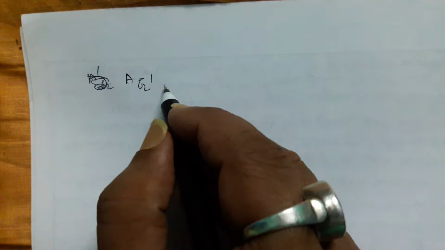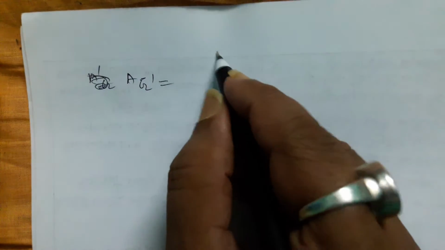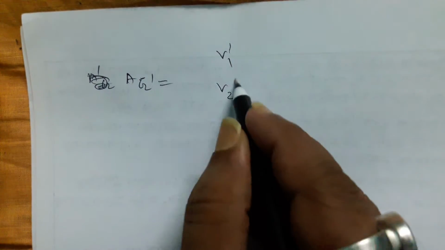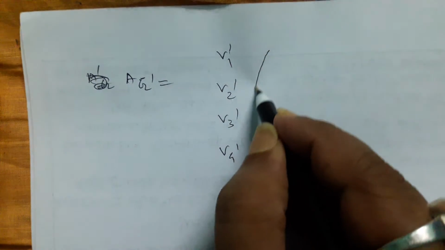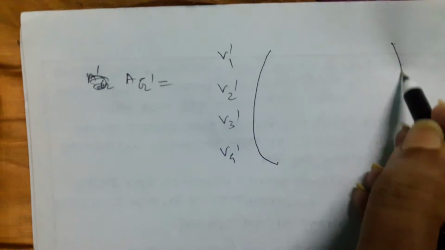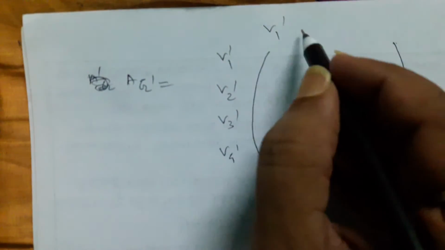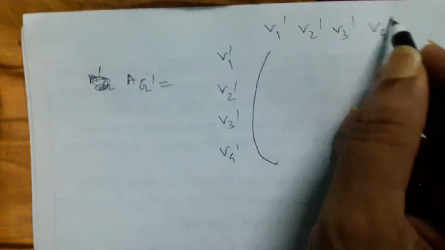Now let's see what happens. A(G') will be given, in the notation of a matrix, with rows V1', V2', V3', V4' and columns V1', V2', V3', V4'.